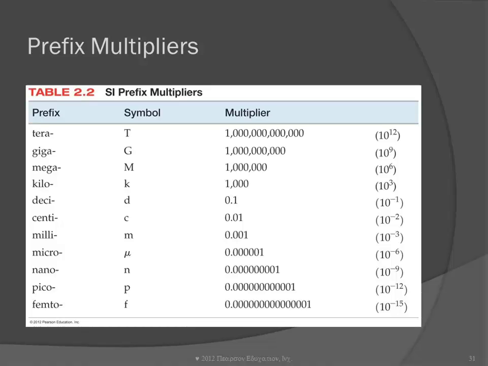I asked you to memorize the ones that we're going to run into most often. So each of these, we have the name, like deci, and it has an abbreviation or symbol. And here capitalization counts because mega is capital M and milli is lowercase m.